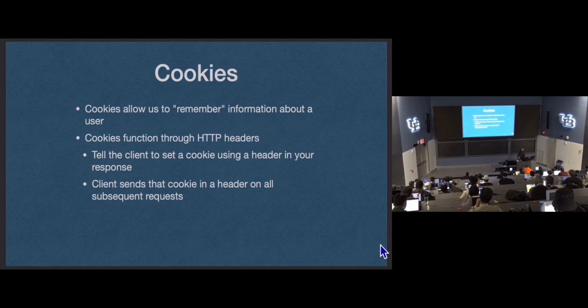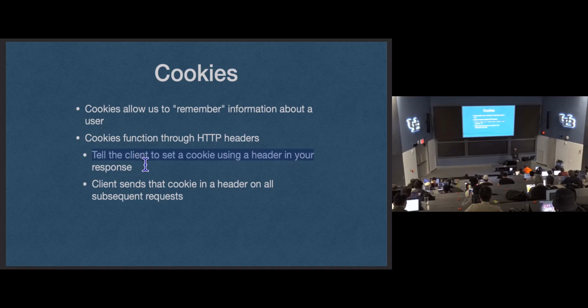So cookies, remember, are a way that we're going to tell the client to remember some information and send us that information back each time they send us a request. And this is all through HTTP headers. We're going to say, hey, remember this information, through a header.